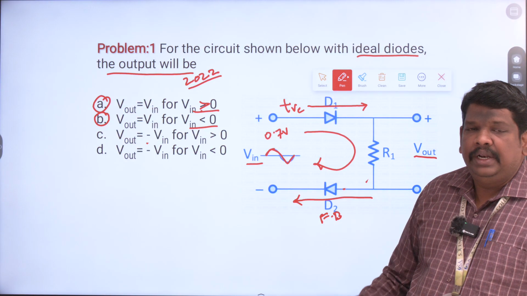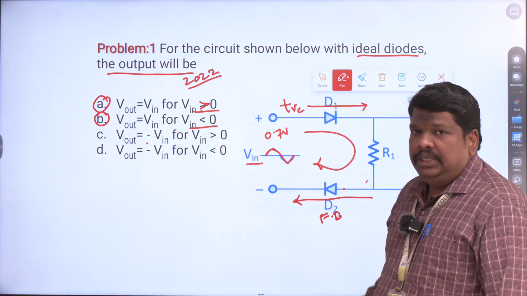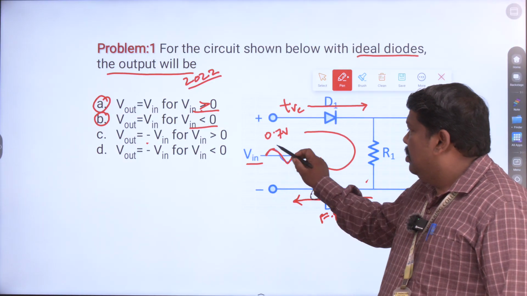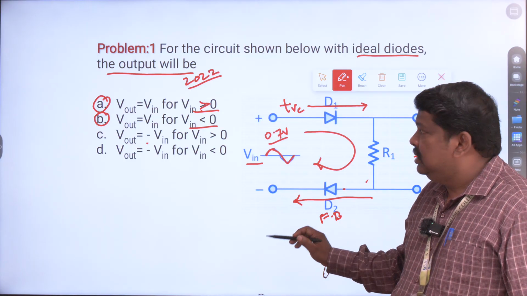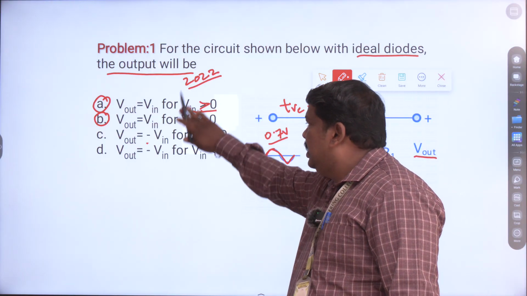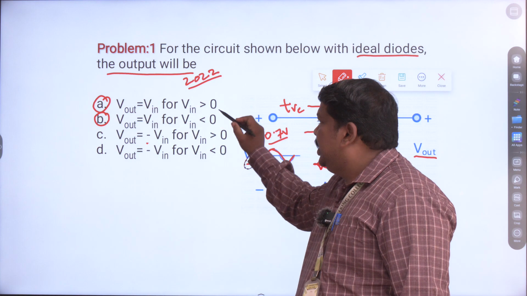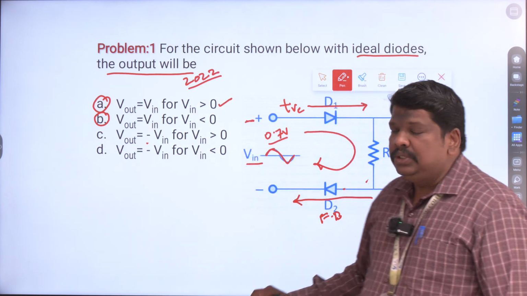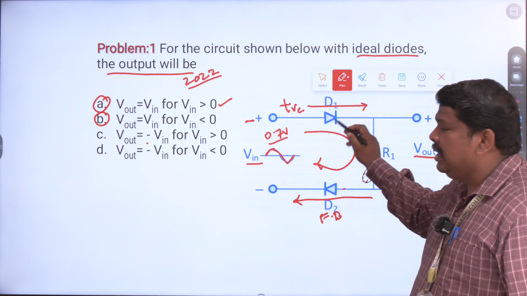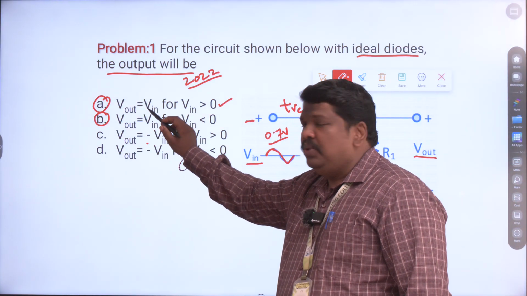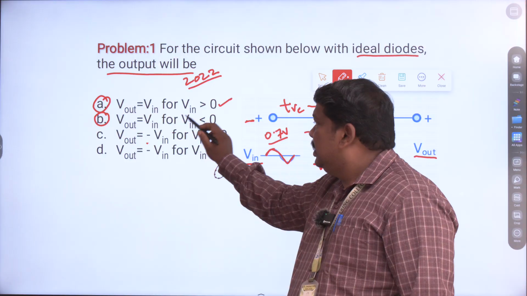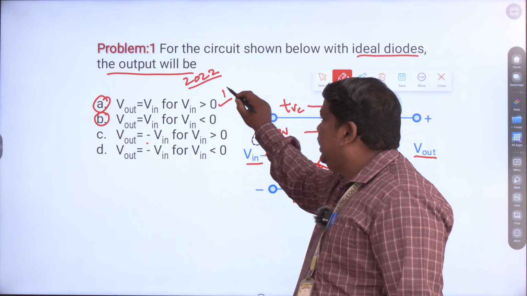We know that when it reaches the knee voltage or threshold voltage of 0.7 for silicon material, the diode will be in the on condition. At that time the input voltage V should be greater than 0, and only then will the diode conduct. So option A, V out equals V in for V in greater than 0, is your right answer.